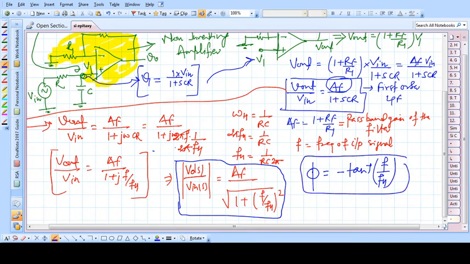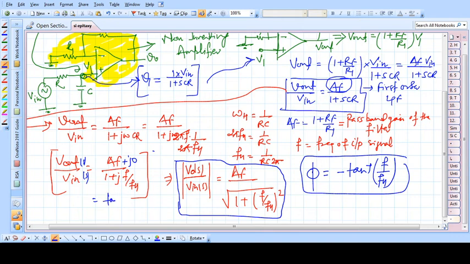Yes or no? Because this one is the transfer function. If we are looking for the phase, we have a plus j 0. So the phase is tan inverse of b by a, which should be 0.